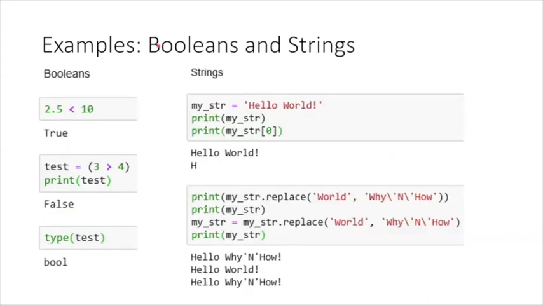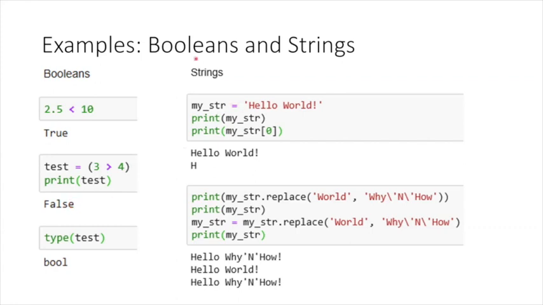Okay, so the other basic types, Booleans and strings. Once again, this is also fairly self-explanatory. If you want to compare two values, this will give you a Boolean back. 2.5 less than 10 is true. 3 greater than 4 is false.